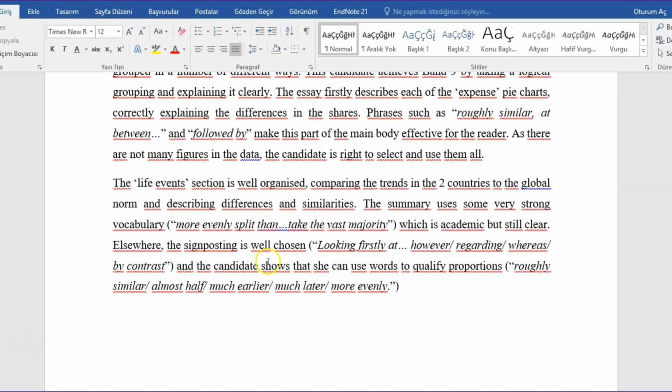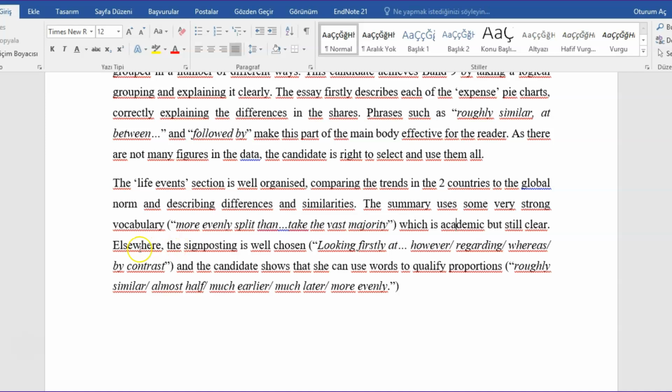Regarding the bar chart of life events, again, it's very well organized in our essay. Using some phrases such as more evenly split than, or take the vast majority, is pretty academic and very concise and clear.